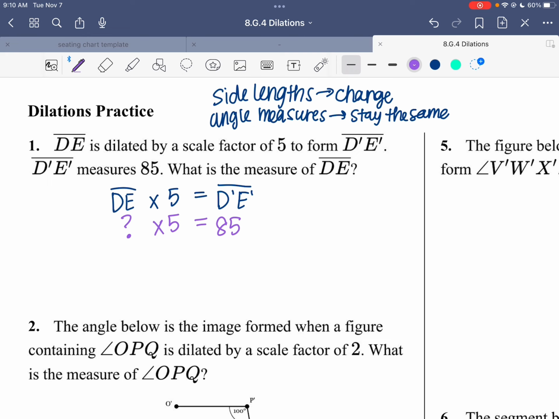So we need to figure out what number we can multiply times 5 to get 85. In order to do that, we're going to divide 85 by 5. So the measure of DE is 17.